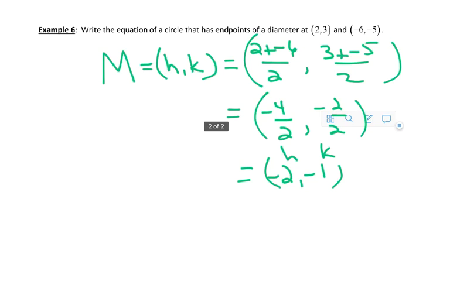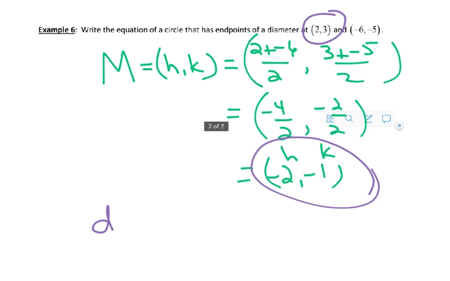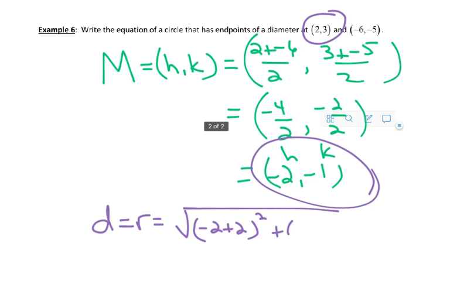Now I need to find the radius. It's probably easier now to find the radius by finding the distance from the center to either endpoint. I'll just pick the first one. So the radius is going to be the square root of, subtract the x's, square them, subtract the y's, square them.